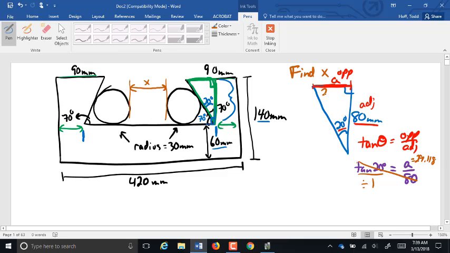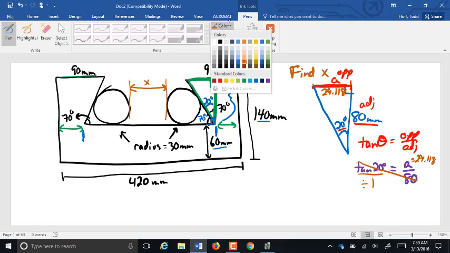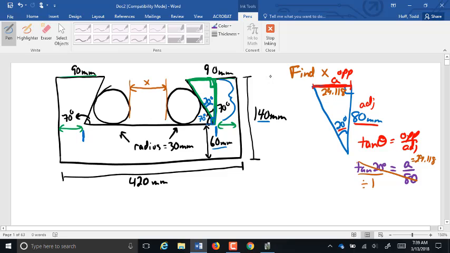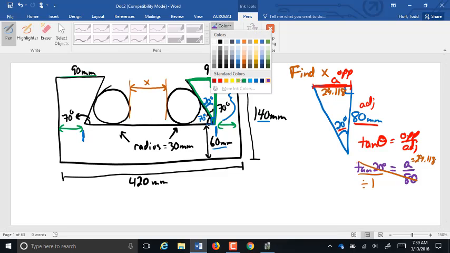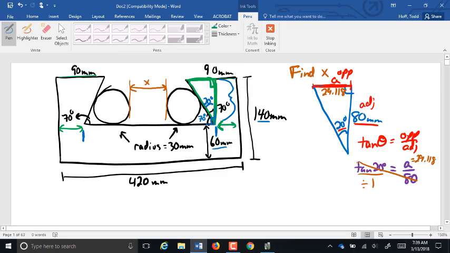So that dimension is 29.118. What that means for us is this dimension down here that we were looking for is 90 minus 29.118, or 60.882 millimeters.